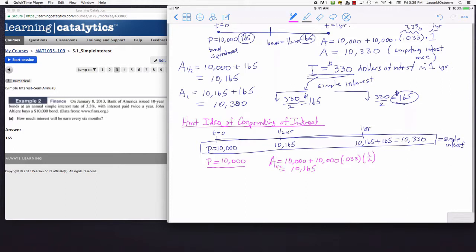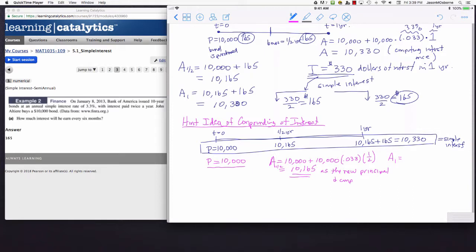The compounding idea becomes more noticeable when you go to the amount at the end of the year. With compounding of interest, you compute interest again. You don't divide up the interest over the full year into equal parts. You recompute interest with the $10,165 as the new principal.